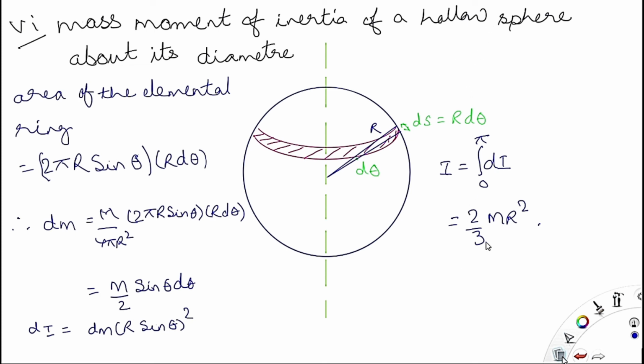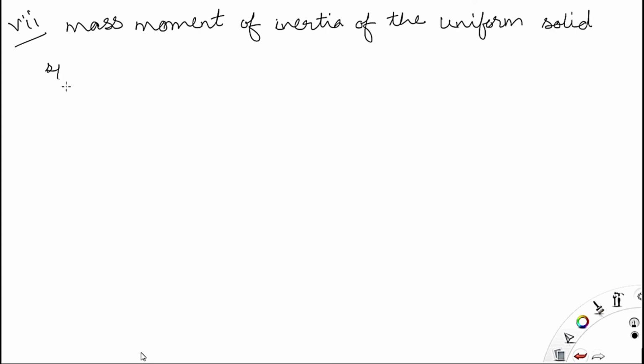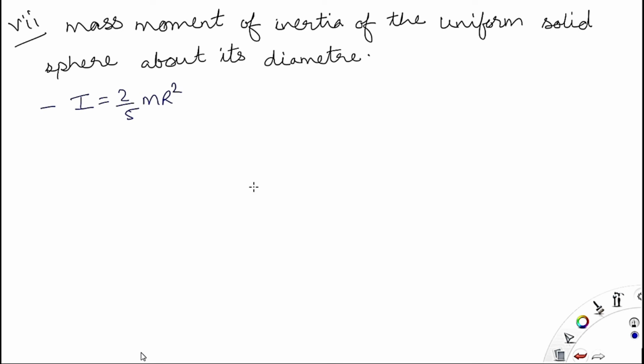M is the total mass, R is the outside radius. Now uniform solid sphere, about its diameter, its mass moment of inertia is 2 by 5 of MR square, while for the hollow one it was 2 by 3.